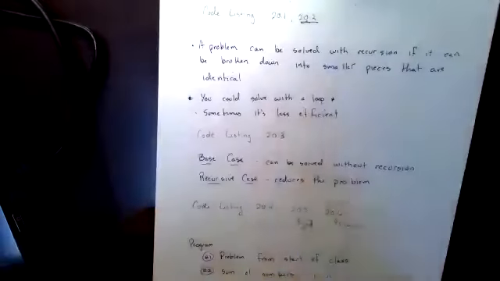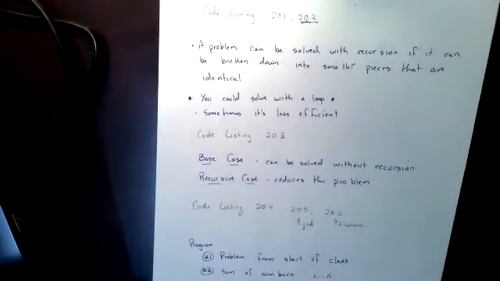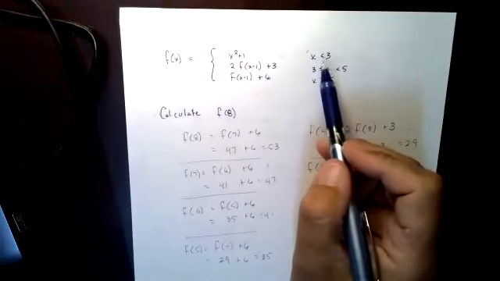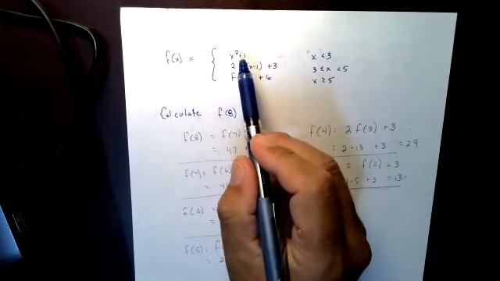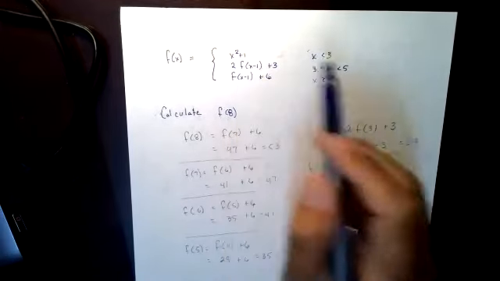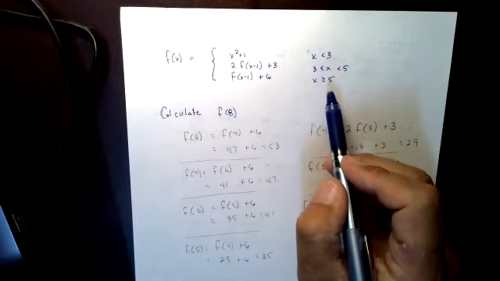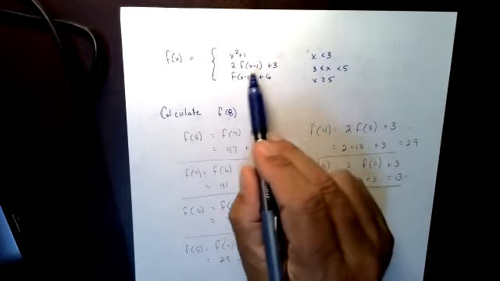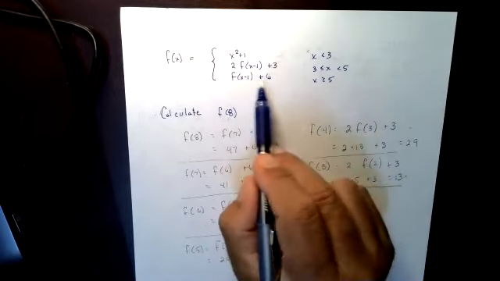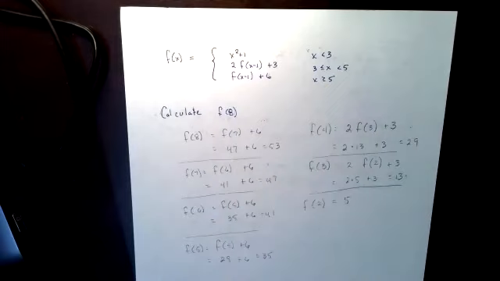In the math example we did on the previous page, we had a base case. When x was less than 3, I would be returning x squared plus 1. I also had 2 recursive cases in this problem because this one calls the function again. This one also called the function again.